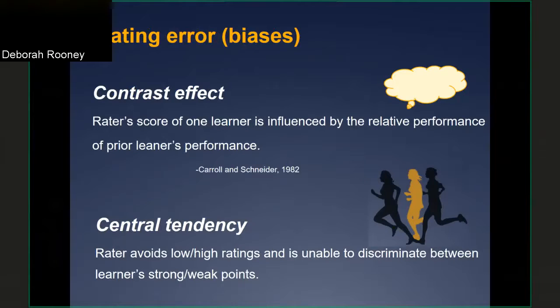So they are unable to discriminate between the learner's strong and weak points, and hence kind of mush everything in between, and that is typical of a new trainer. So, central tendency.